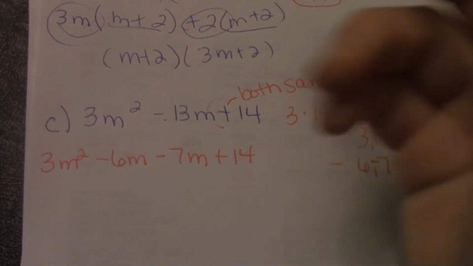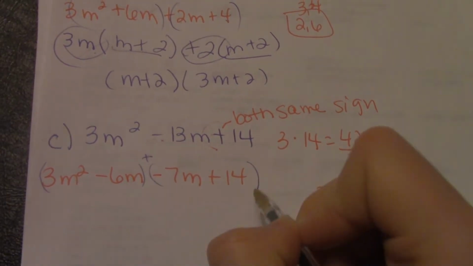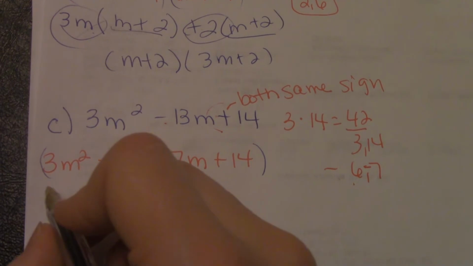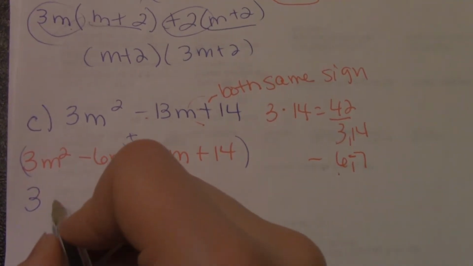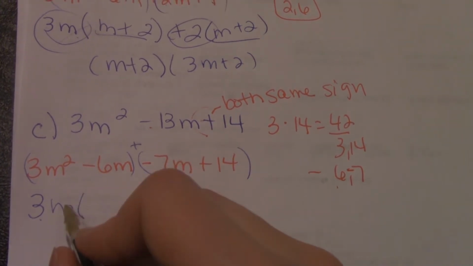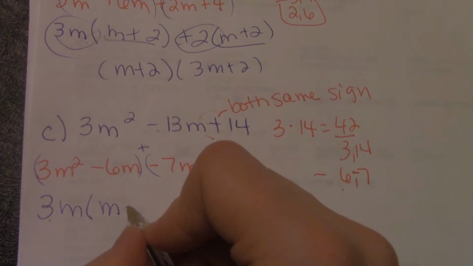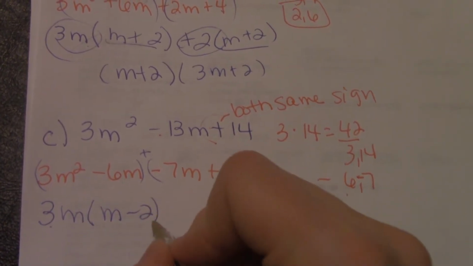And do our parentheses. Remember, there's a plus sign right there. So 3 goes into both of these. M goes into both. 3 divided by 3 is 1. M squared, take out an m, is just a regular m. Negative 6 divided by 3 is negative 2, but the m came out.